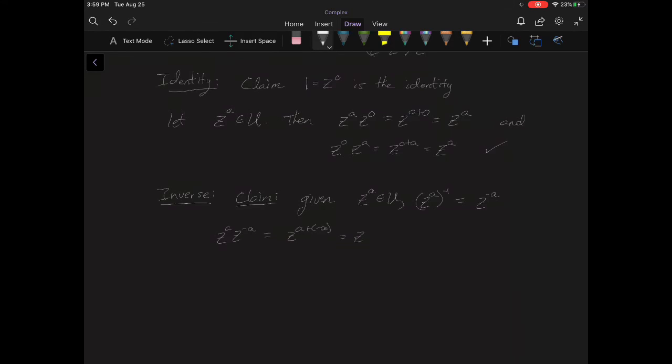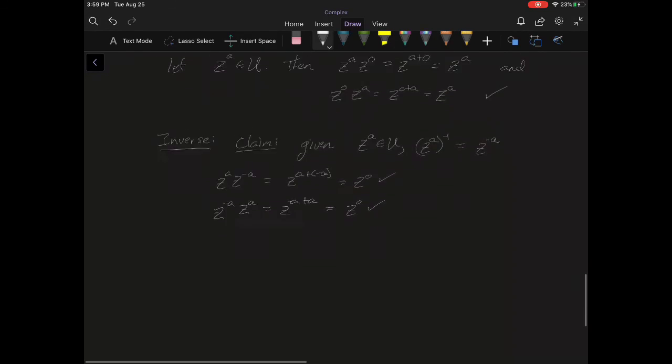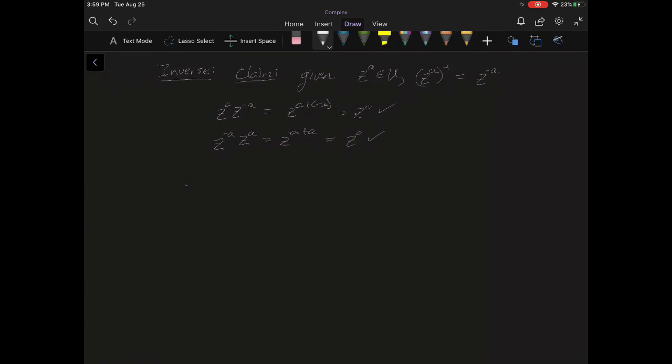As we saw in our example, that's 0. So we have z to the 0. Multiplying it the other way, we have z to the negative a plus a, and that's also z to the 0. So our inverse is what we claim it to be. And therefore U, with multiplication, is in fact a group.